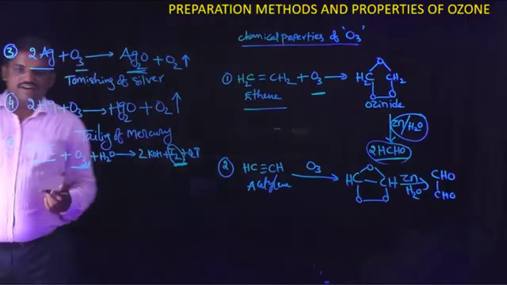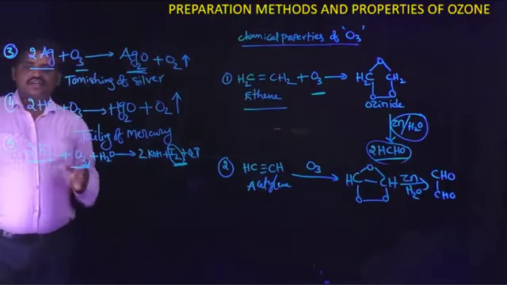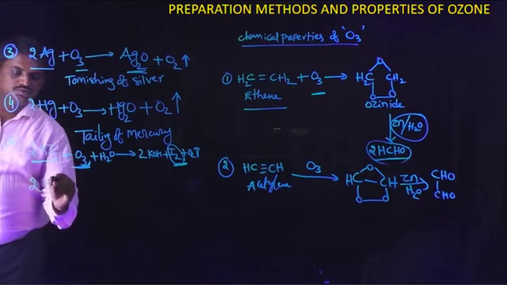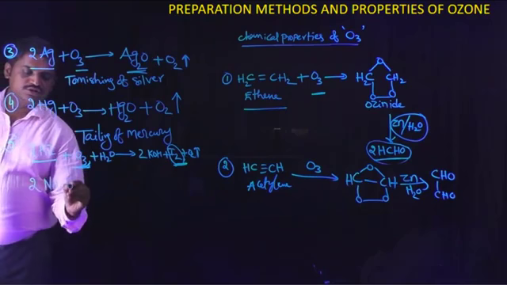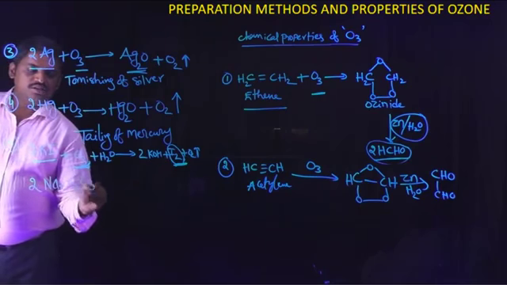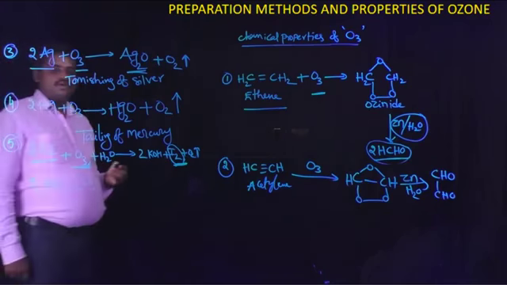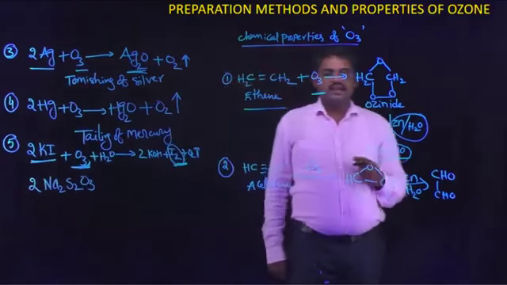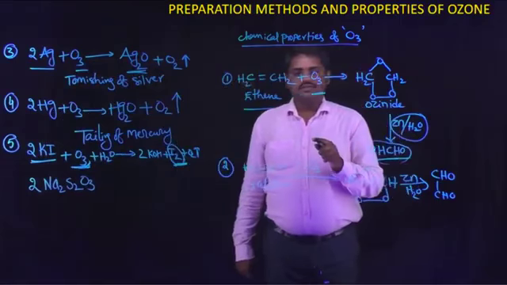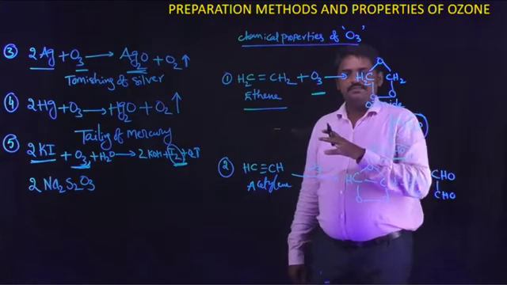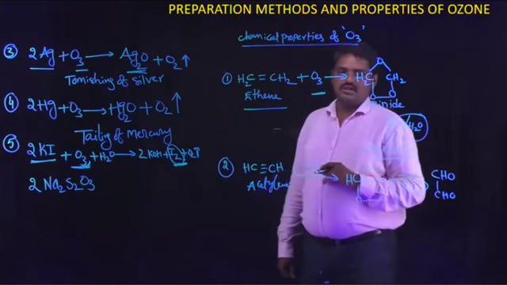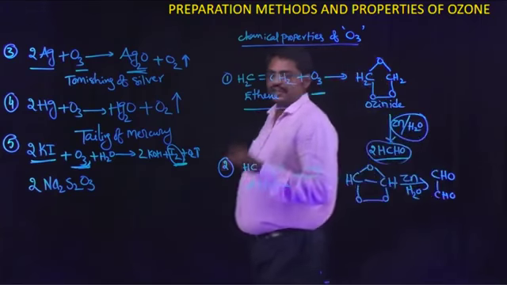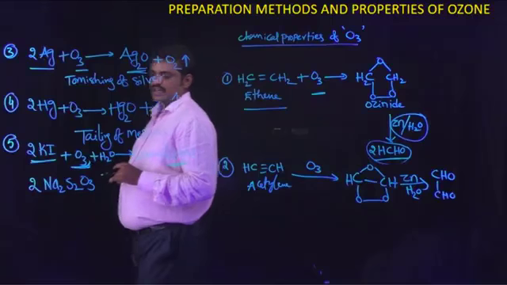That iodine reacts with hypo solution. Hypo, Na2S2O3, is the chemical formula of hypo. Hypo solution is used for the cleaning purposes of films, different types of films, color films.